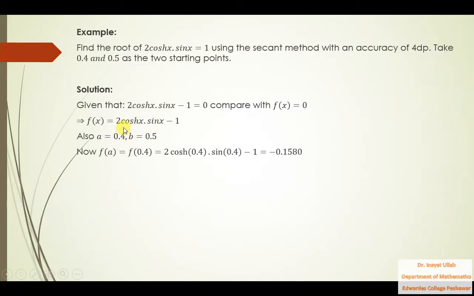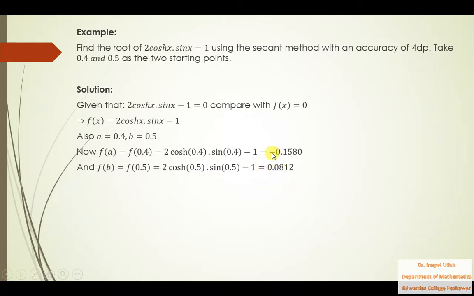So that is the value of f of a. Calculate this with the help of the calculator, so that will be minus 0.1580. Secondly, calculate f of b. F of 0.5 means 2 cosh 0.5 into sin 0.5 minus 1. Calculating this, we will get 0.0812.